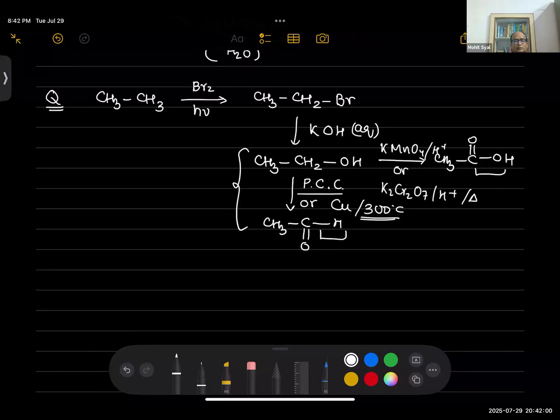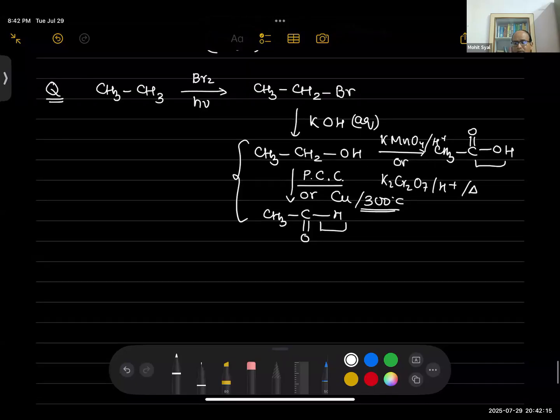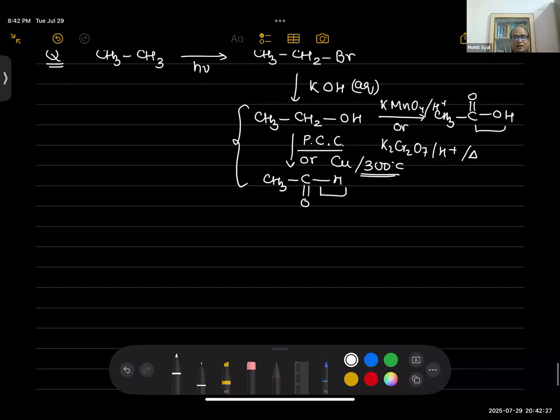Any doubts? So this is the conversion roadmap. Ibrahim, this is very, very important because this conversion roadmap covers four chapters: alkanes, alkyl halides, alcohols, aldehydes and ketones, and carboxylic acids. So very, very important. Got it?